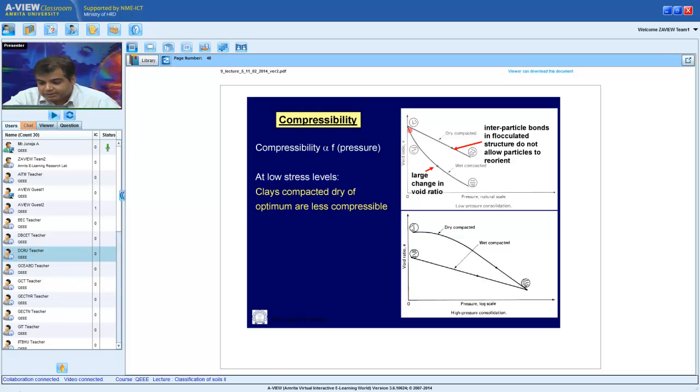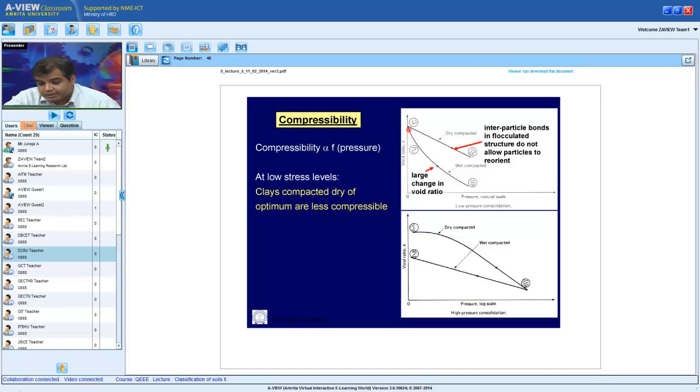What we see is the sample which has been compacted dry, meaning prior to the OMC, when compressed, has the starting value of void ratio being the same for this curve and the other curve. The other curve is for a sample which has been compacted beyond OMC, so it's wet side of optimum, and the other one we call dry side of optimum.